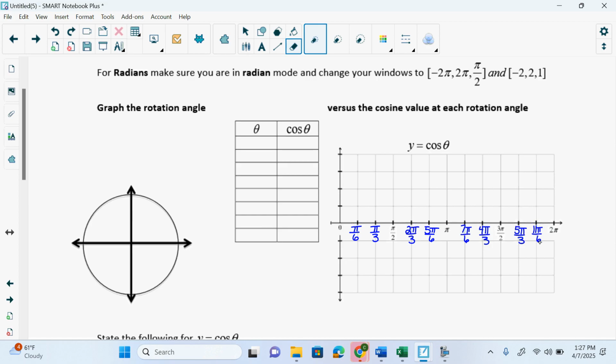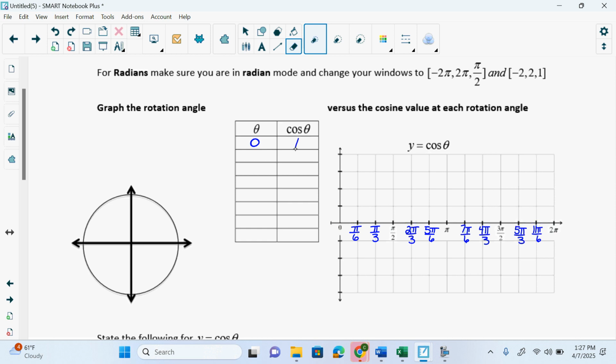So, wait till you write this down. When theta is 0 on the unit circle, what is cos of 0? What is cos of 0 on your unit circle? 1.